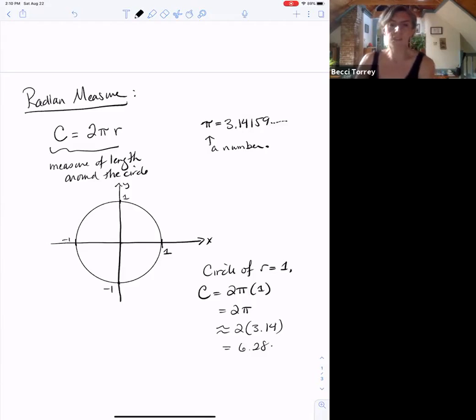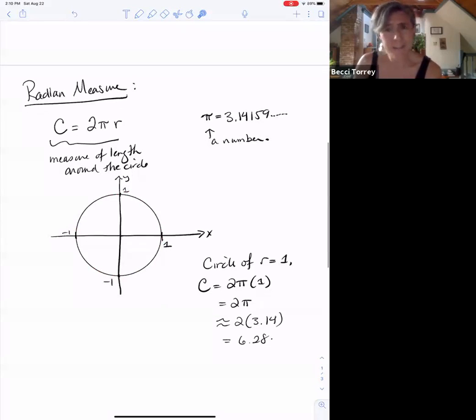And so if this is a circle of radius 1, and I walk one time all the way around the circle, I would be walking a distance of about 6.28 miles. Or kilometers if you're not from the US.